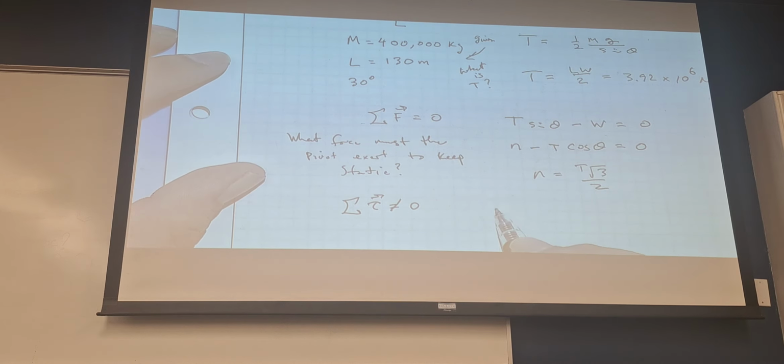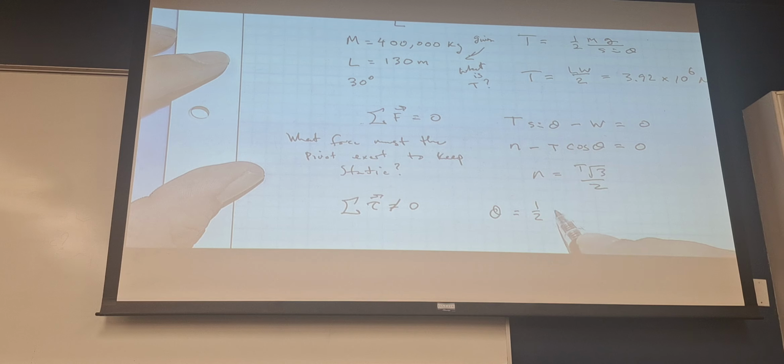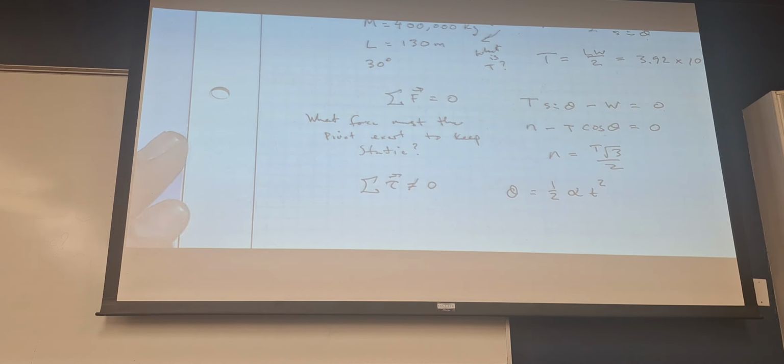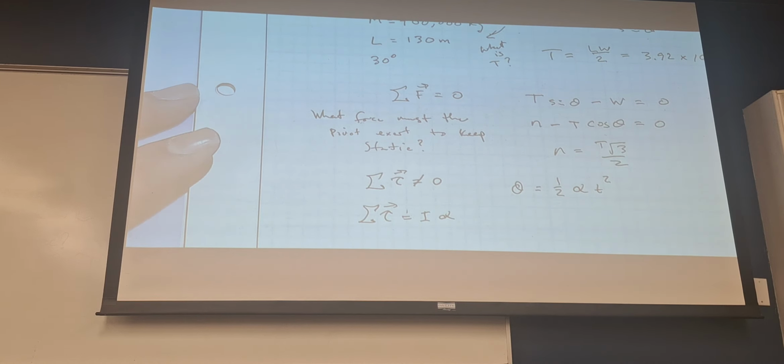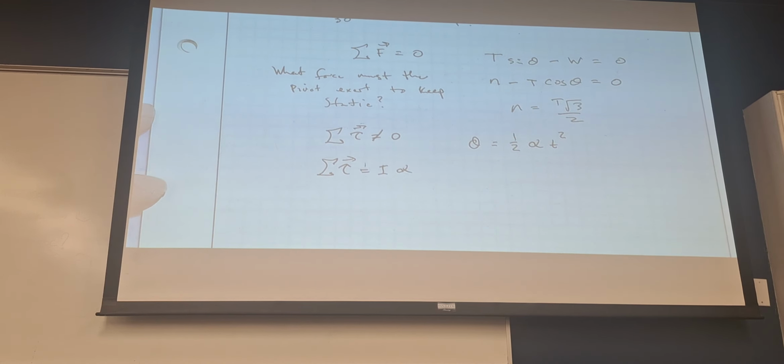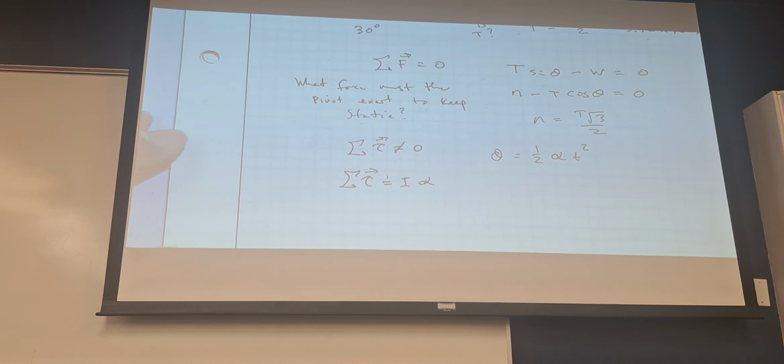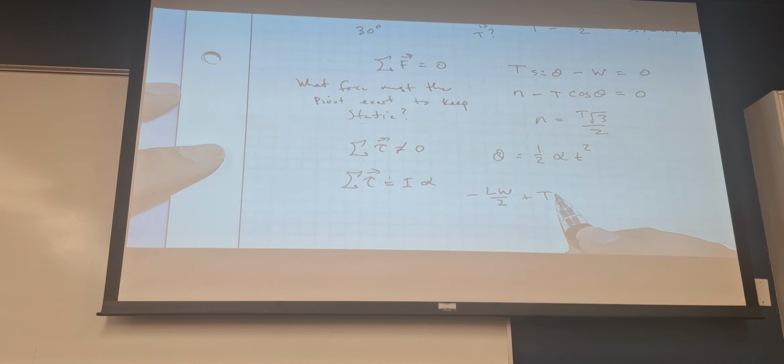And we're given that theta equals 1/2 alpha t squared. Well, if it's not equal to 0, then the sum of torques is equal to I alpha. Right? So we have minus LW over 2 plus TL sine theta equals I alpha.